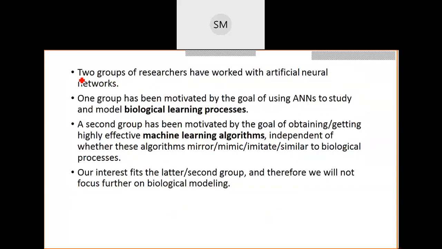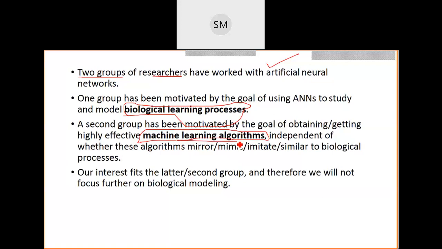Two groups of researchers have worked on these neural networks, particularly artificial neural networks. One group was motivated by the biological learning processes. The second group of researchers or engineers was motivated to solve very complex machine learning or artificial intelligence problems with the help of machine learning algorithms.